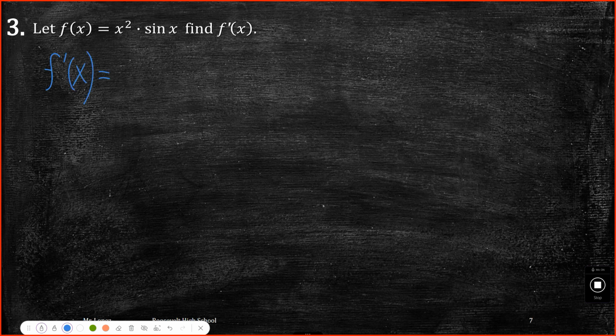What do I write down first? The first times the derivative of the second, and the derivative of the second is what? Cosine x, plus what? The second times the derivative of the first, and the derivative of the first is what? Yeah, that's it. Let's just practice doing that. Don't worry too much about simplifying.